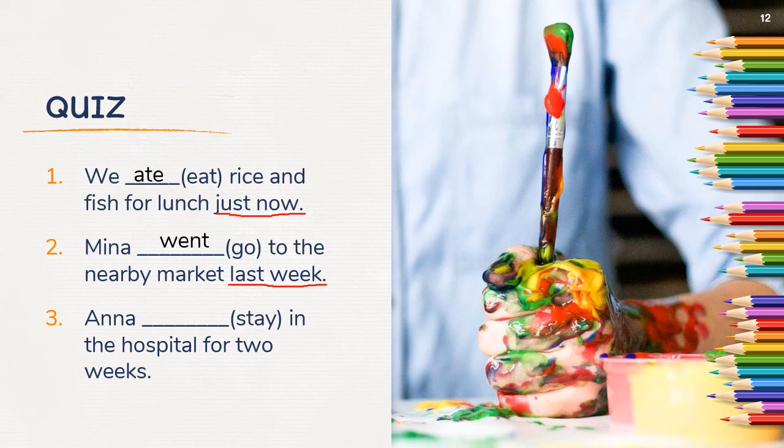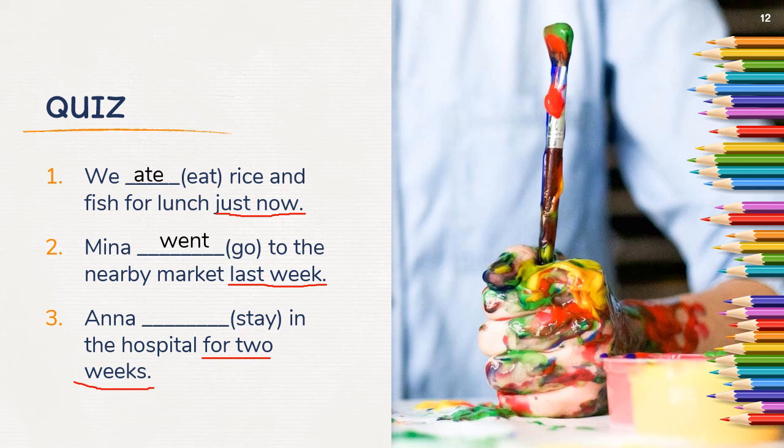Anna dash stay in the hospital for 2 weeks. So guys, can you tell me what is the keyword here? If you say for 2 weeks, yes, you are right. So இங்க for 2 weeks na 2 வாரமாக.